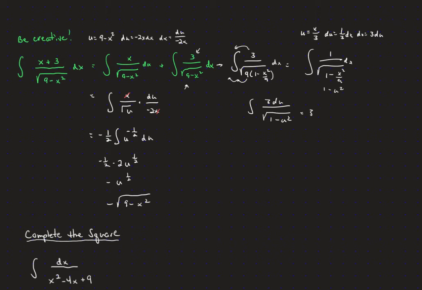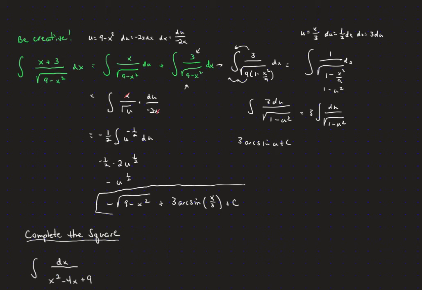So the 3 comes outside the integral, and we get what hopefully is becoming a little more familiar. That is going to be our arcsine of u, and so we're going to bring it down here and call it 3 arcsine of, what did we call that? x over 3, I guess, plus c. What a long, involved, complicated integral, but kind of fun.